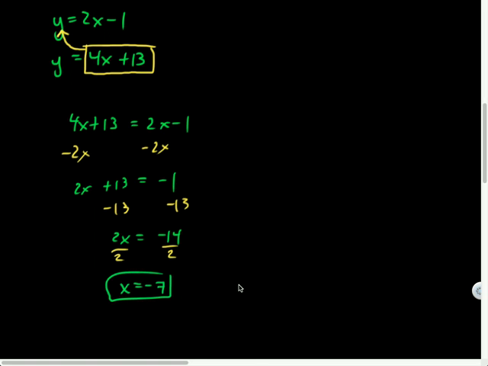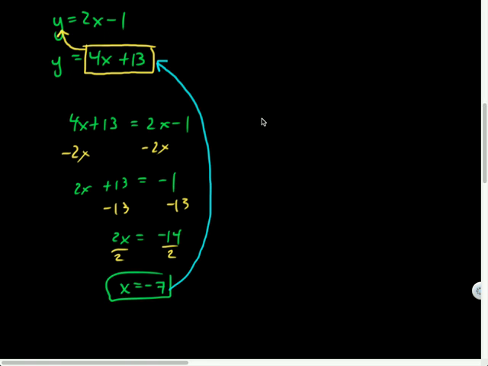Now that's not the whole solution. In order to find the other solution, typically what I'd have to do is plug this into one of the equations, usually the revised equation because it's already solved for the other variable that I'm looking for.